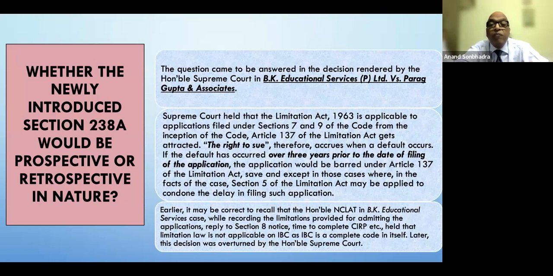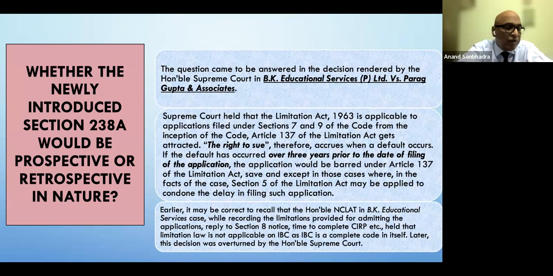The right to sue, therefore, accrues when a default occurs. And if default has occurred over 3 years prior to the date of filing of the application, it would be barred under Article 137 of the Limitation Act, except in those cases where, in the facts of the case, Section 5 of the Limitation Act may be applied to condone the delay in filing such application.